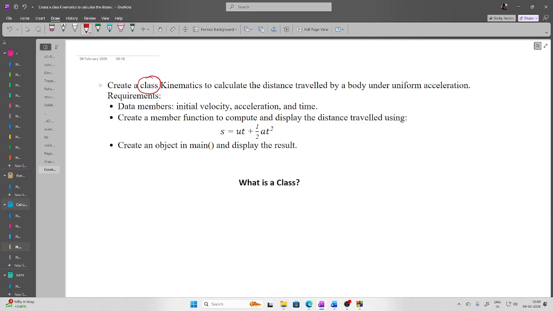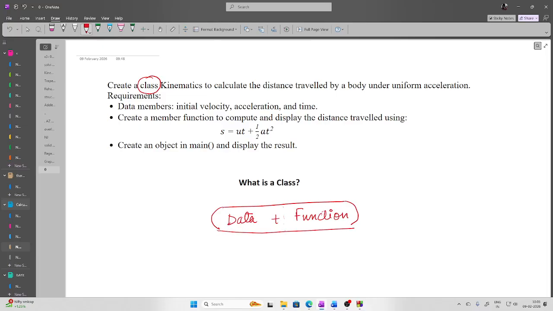So far you have seen structures. In a very similar way, when we club data and member functions, right now I'll just call them functions, and keep them in a single capsule, that means inside one particular user defined data type, then that user defined data type will be called a class.